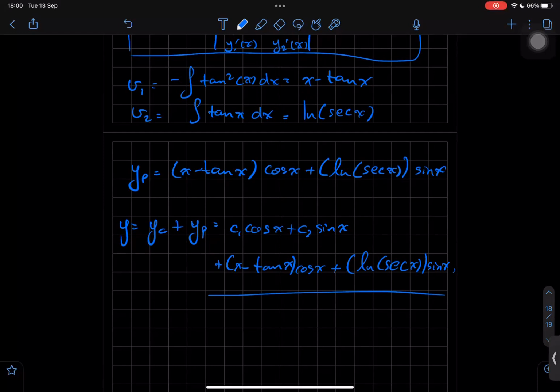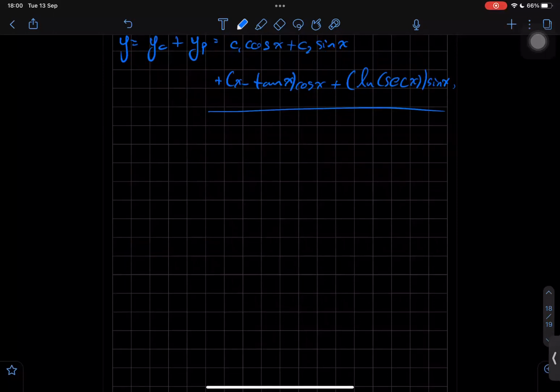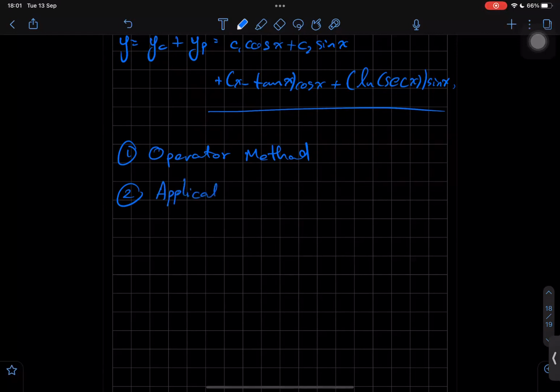I hope you're going to review, as I left out some topics. One is the operator method. The second one is the application of higher order equations, which is the spring.